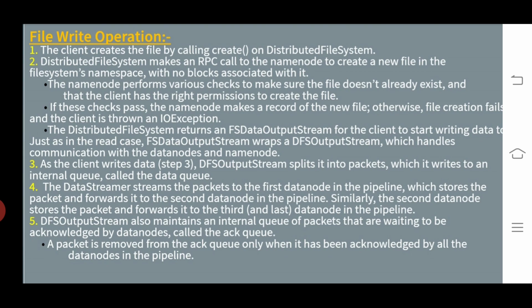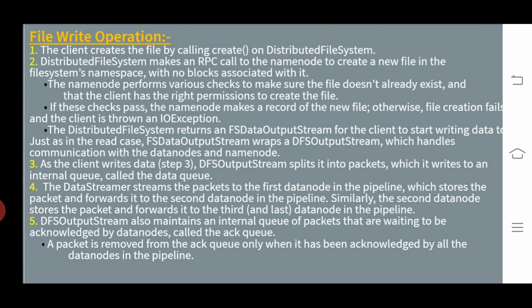Listen, coming to step 3. As the client writes data, the distributed file system output stream splits it into packets, which it writes to an internal queue, that we call the data queue.